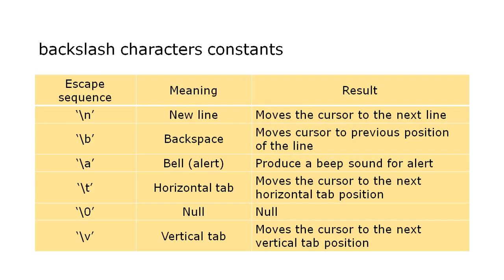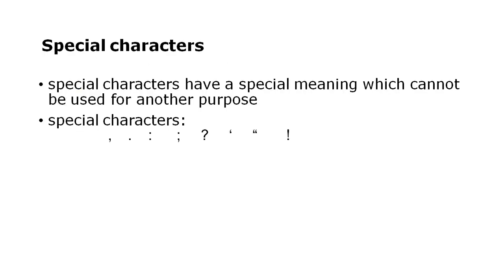And then backslash character constants. Slash n, new line, moves the cursor to the next line. Slash b, backspace, moves the cursor to the previous position of the line. Slash a, bell alert. Slash t, horizontal tab. Slash 0 for null character. Slash v, vertical tab.